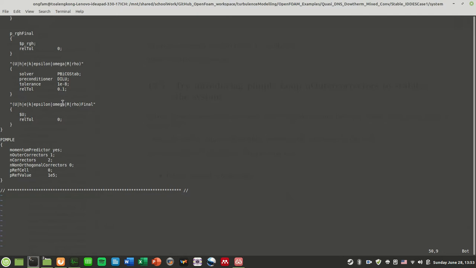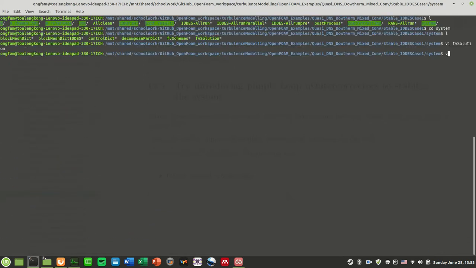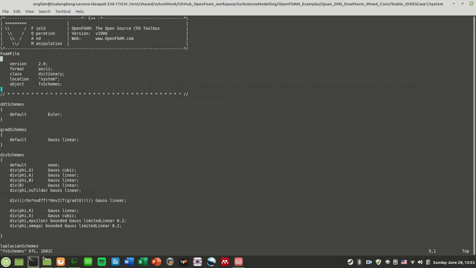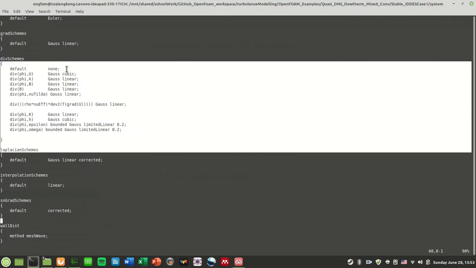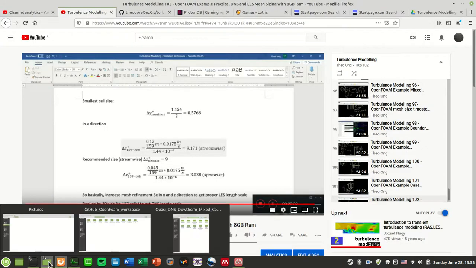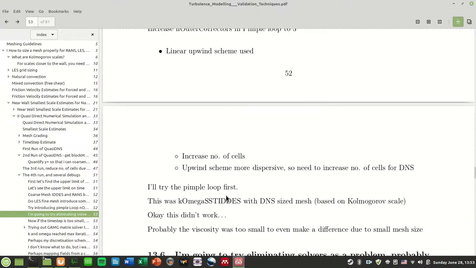I changed the discretization scheme to linear upwind in fvSchemes, which is the discretization scheme. But by changing all of these things, it didn't really work. So what's going on? I really don't know.